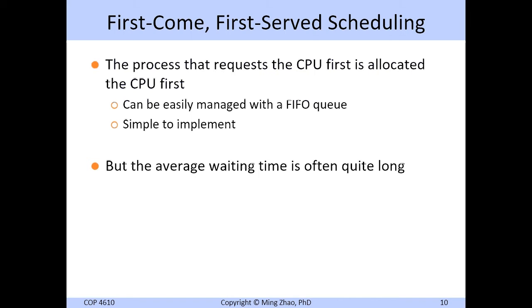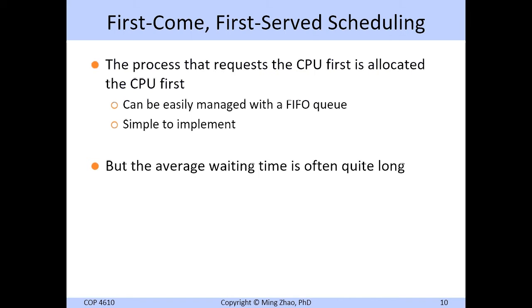The first one we'll be looking at is first come, first served scheduling, or FCFS in short. This is a simple algorithm, as the name suggests. The way the CPU scheduler schedules the processes is first come, first served. The process that requests the CPU first is allocated the CPU first.